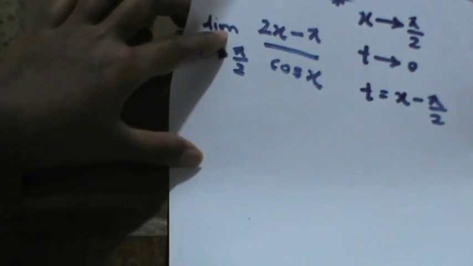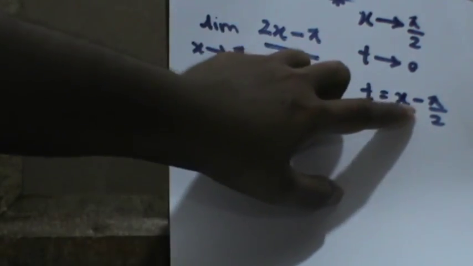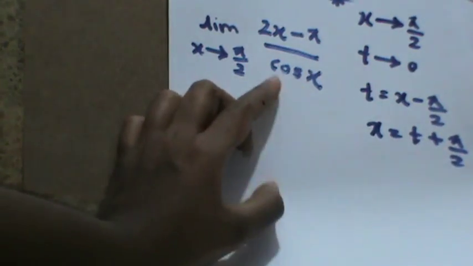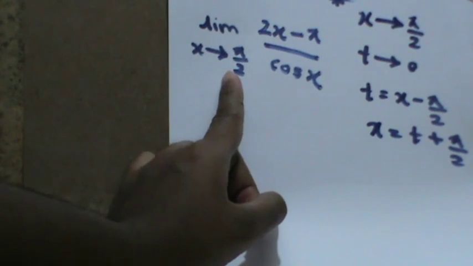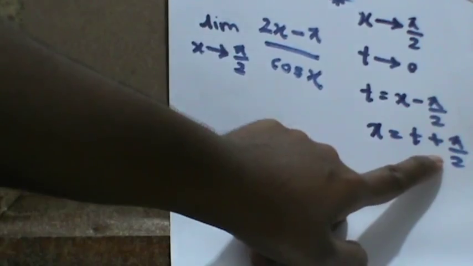Now I have to substitute all the values of x in place of t. So if t is equal to x minus 5 by 2, you can say that x is equal to t plus 5 by 2, right? So you can directly substitute t goes to 0 here, and for the x's here and here you can substitute x equals t plus 5 by 2.